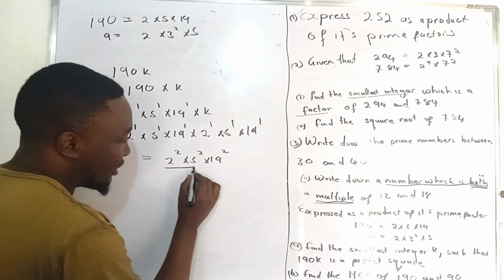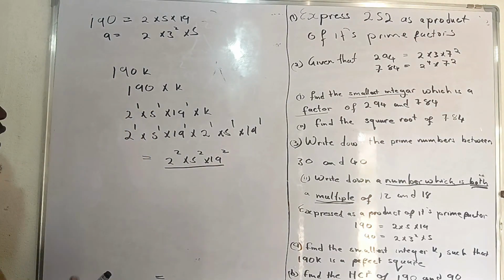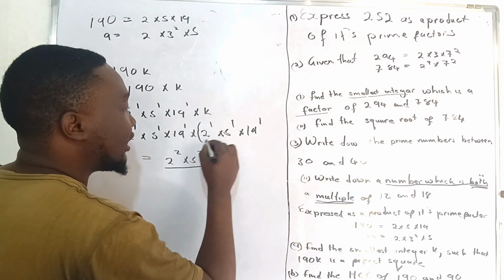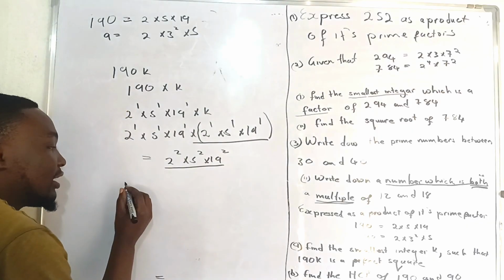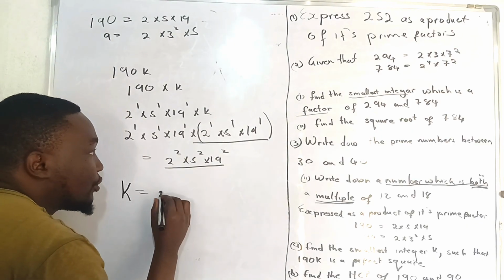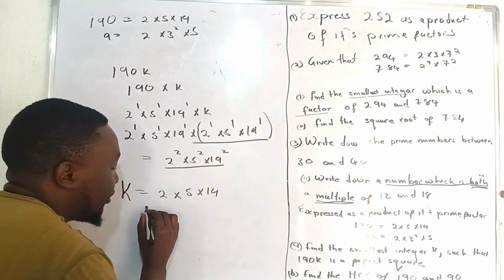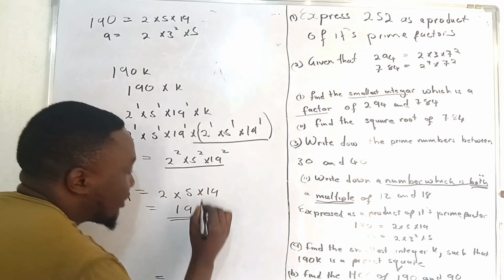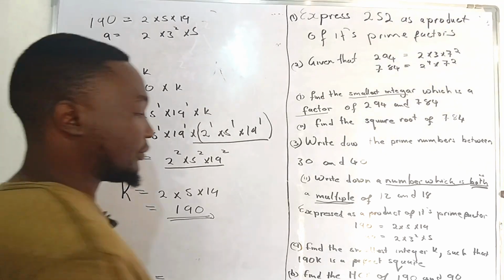This is the smallest perfect square. So k is equal to 2 multiplied by 5 multiplied by 19, which is equal to 190. That's going to be your answer.